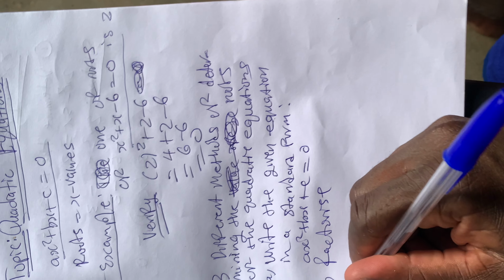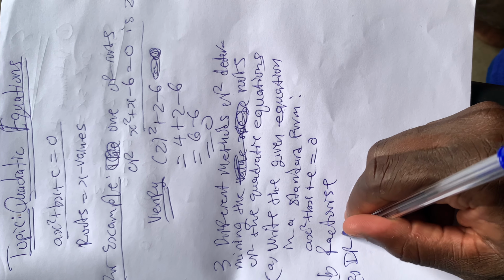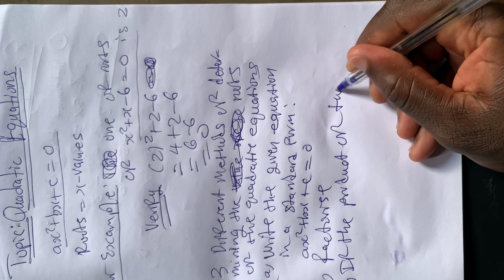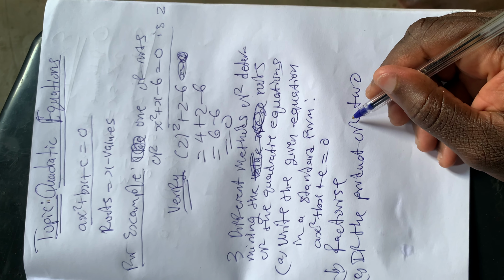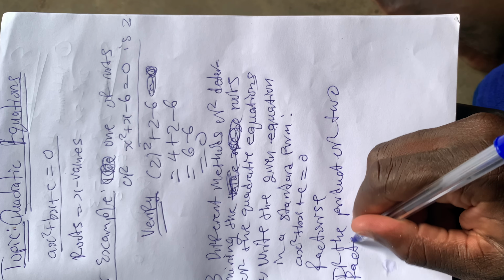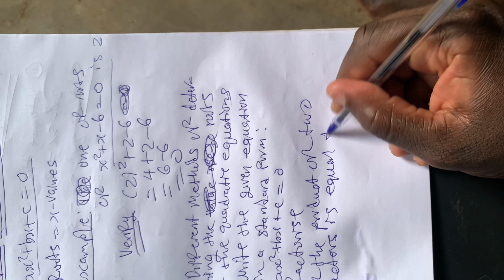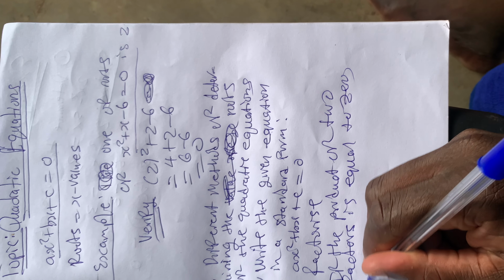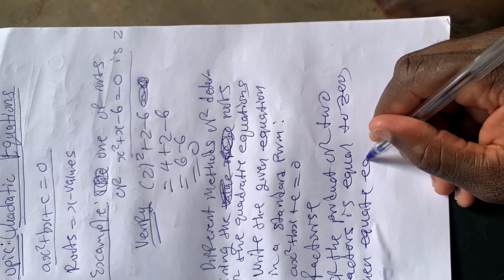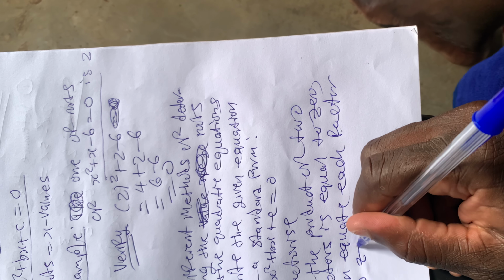If the product of two factors is equal to 0, then equate each factor to 0.